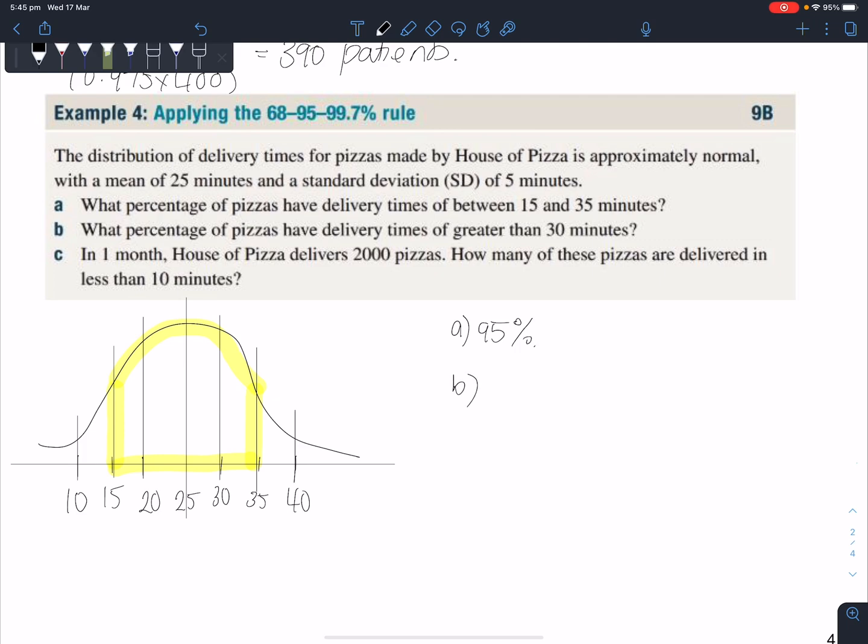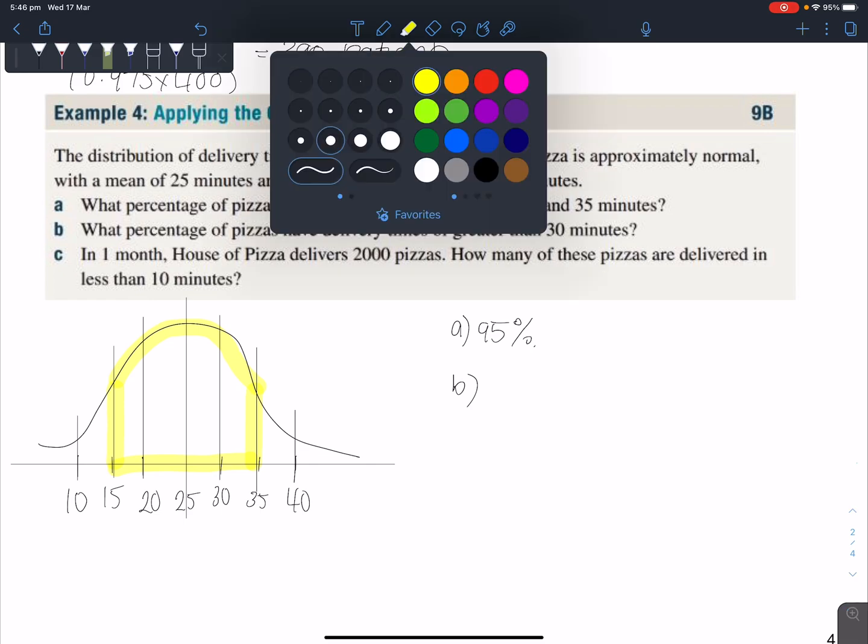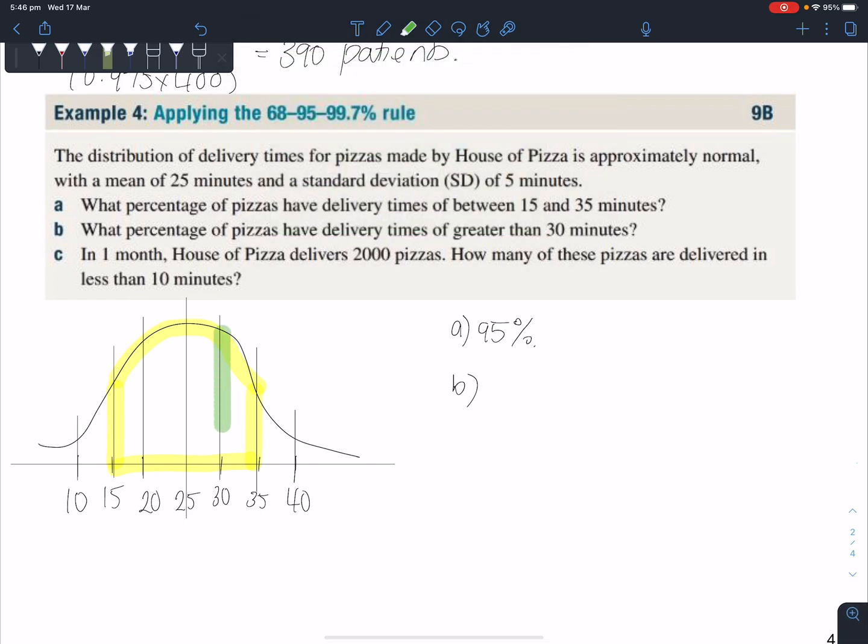Part B, what percentage of pizzas have delivery times of greater than 30 minutes? So greater than 30 minutes is this onwards, including the little bits that hang out. So that'll be 100% minus, I don't know if I misread that.